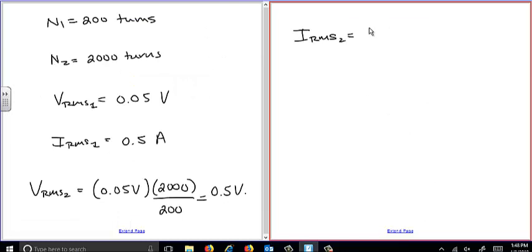And I RMS 2 is equal to I RMS 1 times V RMS 1 divided by V RMS 2. So the current through the secondary coil, because you're increasing the voltage, the current has to become less.